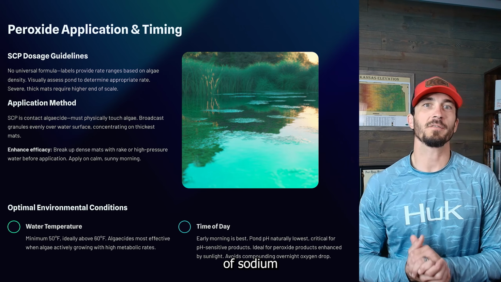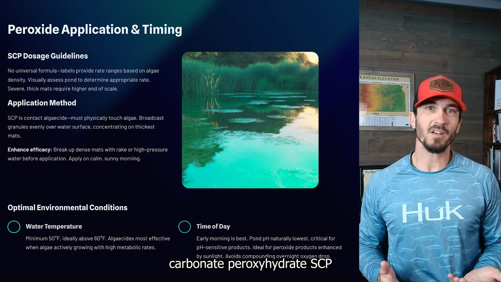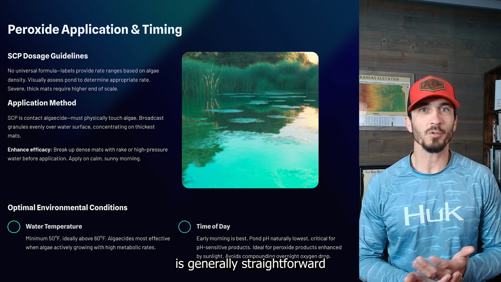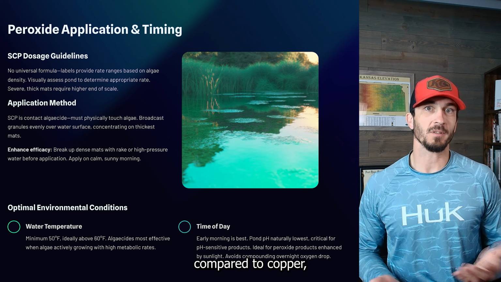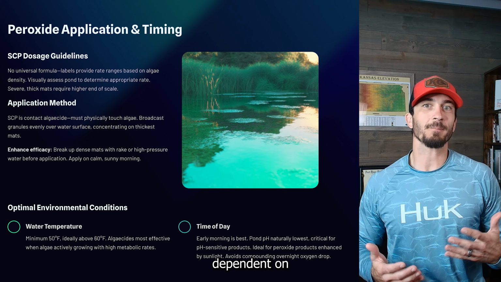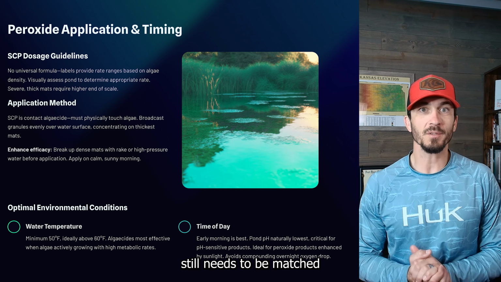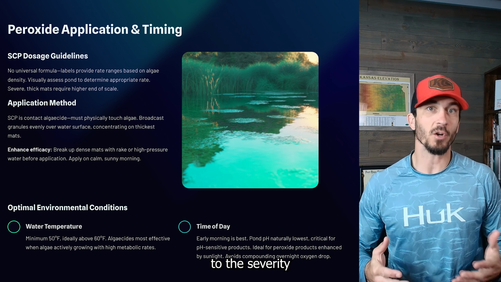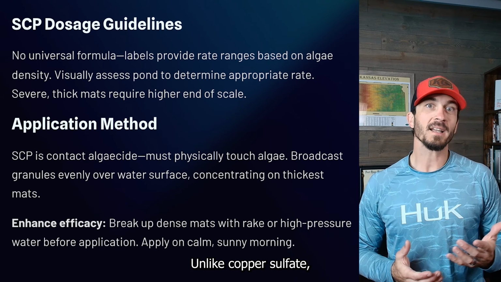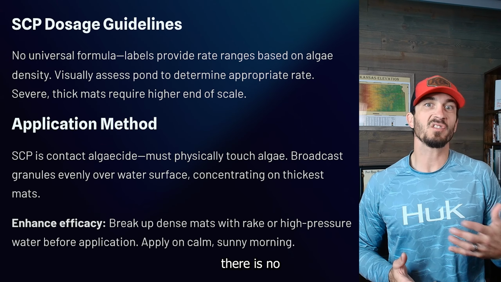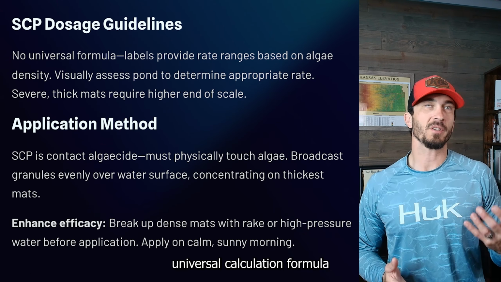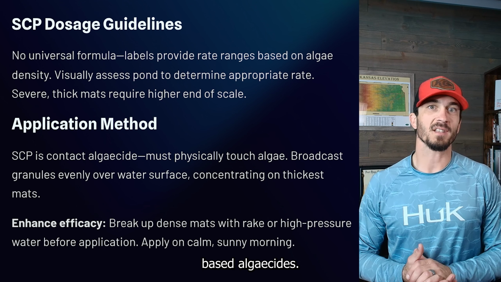The application of sodium carbonate peroxyhydrate, SCP, is generally straightforward compared to copper, as its safety is not dependent on water alkalinity. However, dosage still needs to be matched to the severity of the algae problem. Unlike copper sulfate, there is no universal calculation formula for peroxide-based algicides.